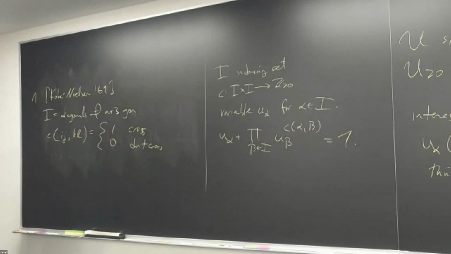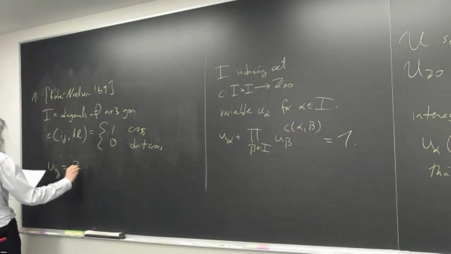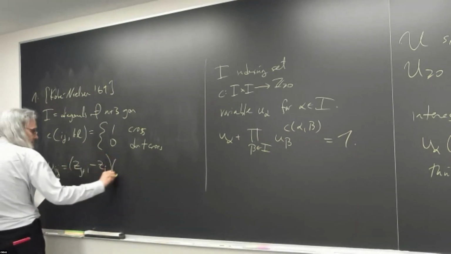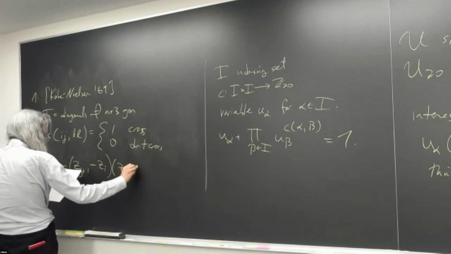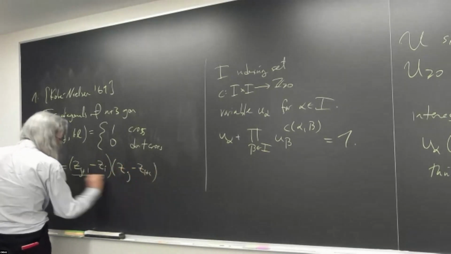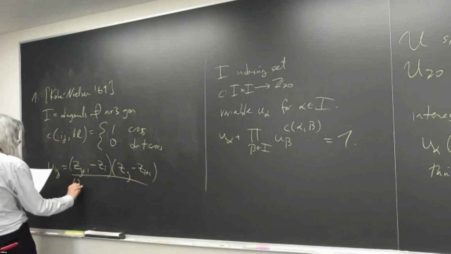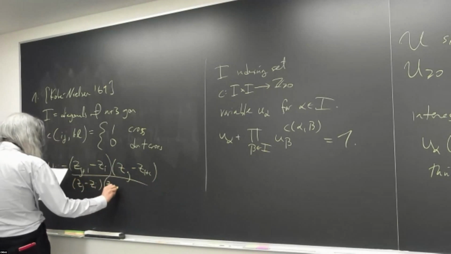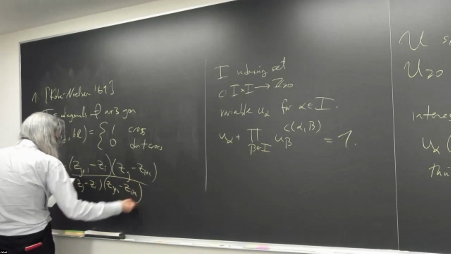And it turns out that you can solve the system of equations. There's a family of nice solutions, and you can write it down explicitly by saying U_ij is going to be (Z_{j+1} minus Z_i)(Z_j minus Z_{i+1}) over (Z_j minus Z_i)(Z_{j+1} minus Z_{i+1}).